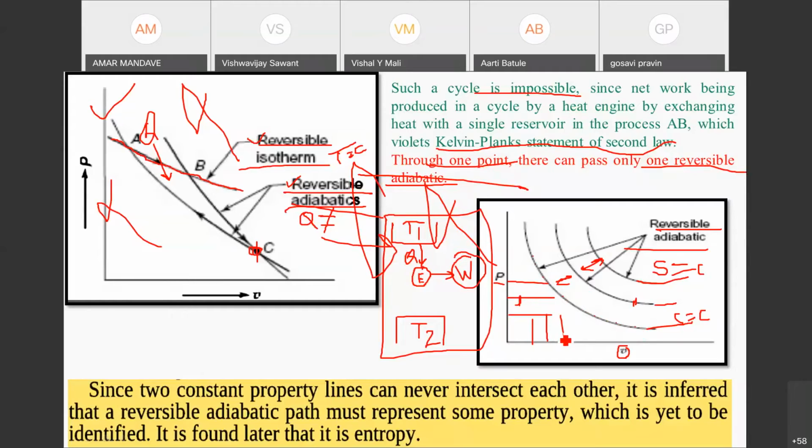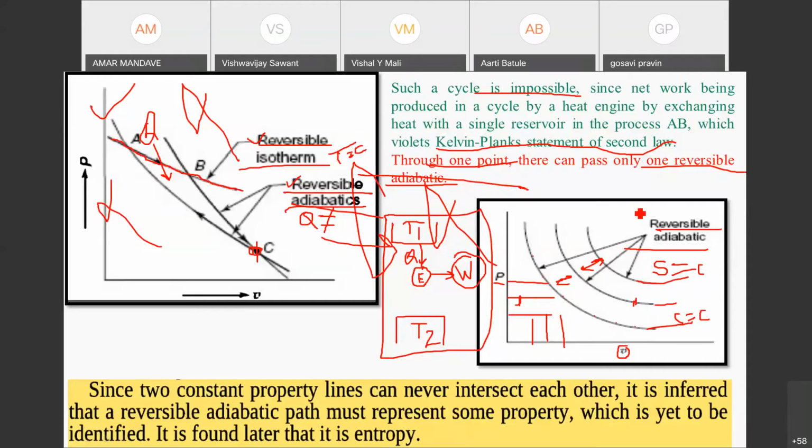For the constant temperature lines we say isothermal processes. Similar to that, constant entropy lines or the constant entropy processes are known as the isentropic processes.